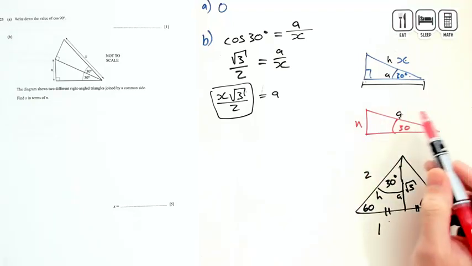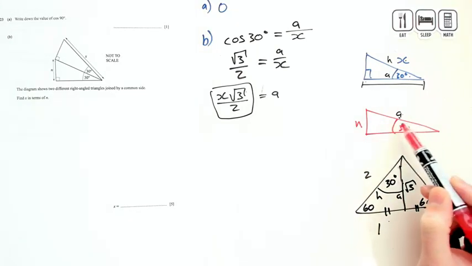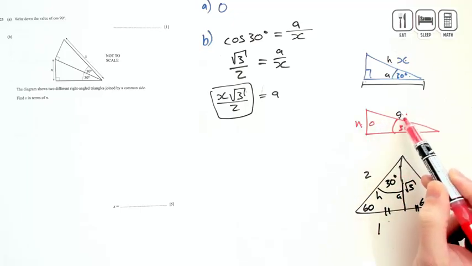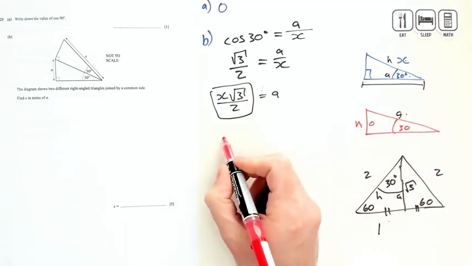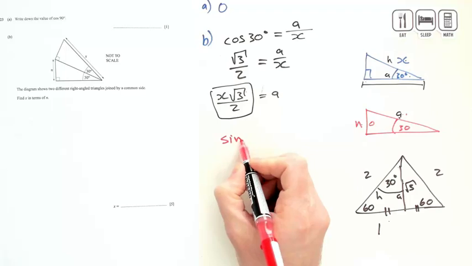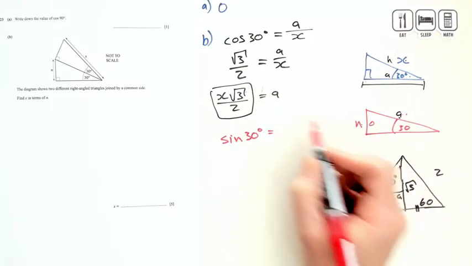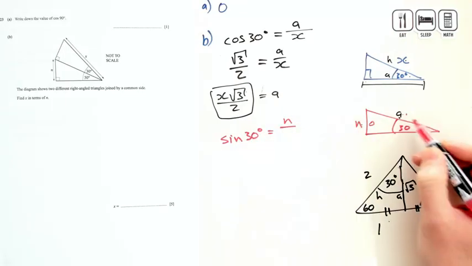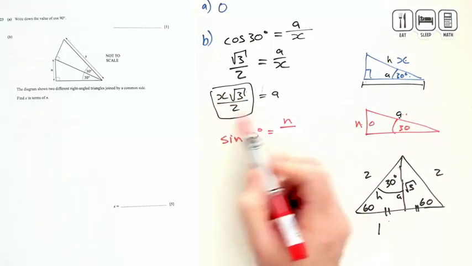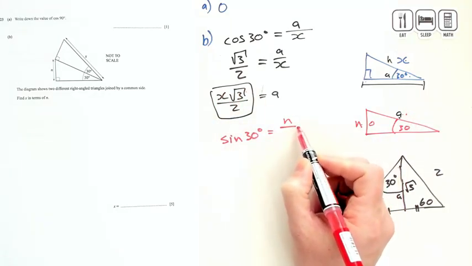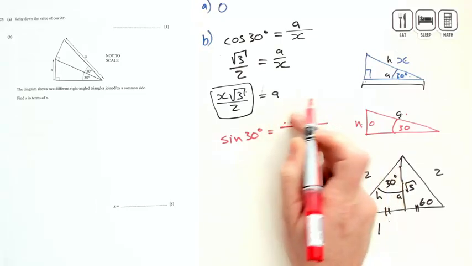And in this triangle, I'm going to look at this and this, where this is an opposite side, and that's a hypotenuse side. So the sine of 30 degrees is going to be opposite, which is my n, over a, which is this whole thing that I got here, and it's not going to look pretty. So let me just make a very big long line there.